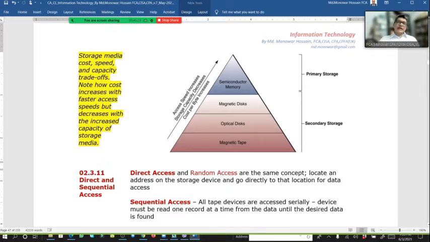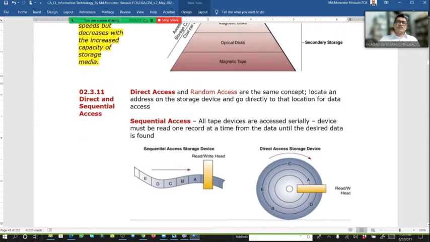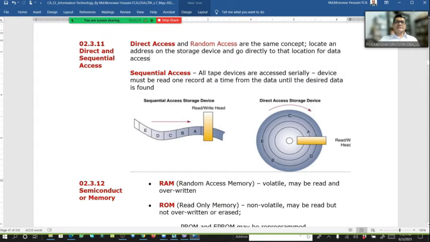Divided into direct and sequential access. Direct access and random access are the same concept: locate the address of the storage device and go directly to the location for data access.